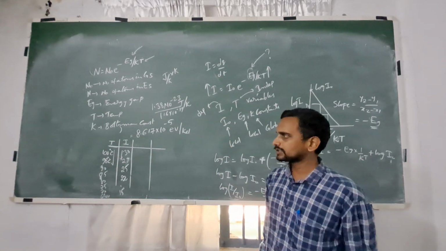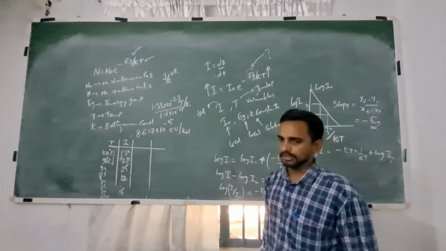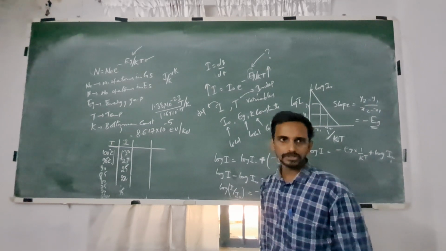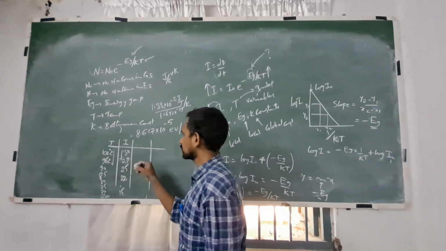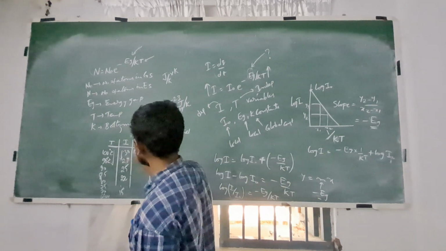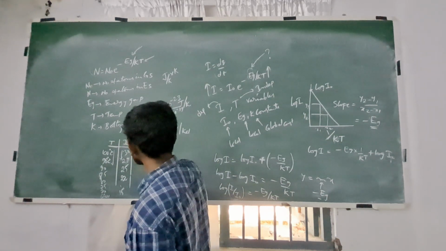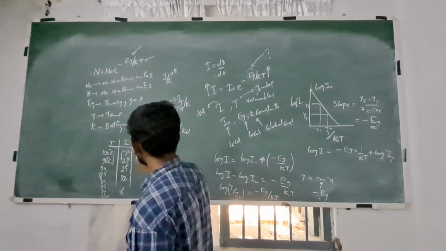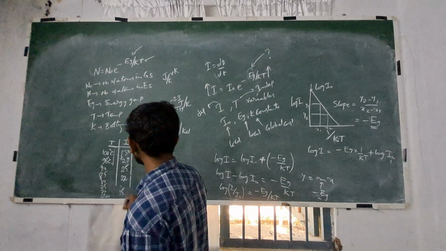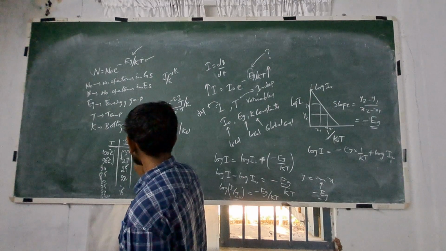So here we have to take temperature in kelvins. So you have to convert this into kelvins, plus 273. So this becomes 373 and this is 368.